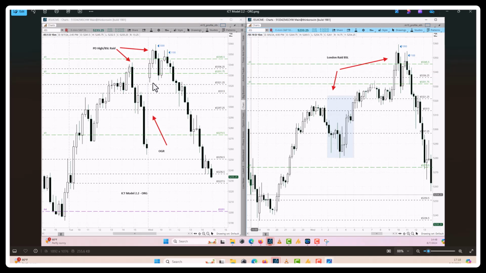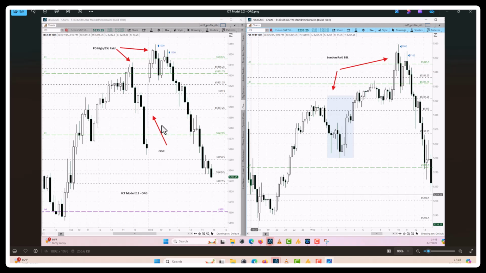It's the gap up right there. And then you have the previous day high, or buy side, raided right there. It raided about 10 and it went into retracement. And then it tried to reverse, but it failed. Then it reversed. Expansion down move right there at 10, right there at 11.